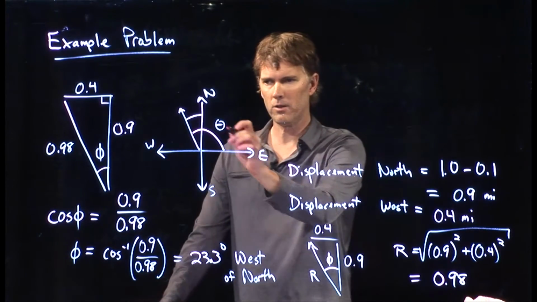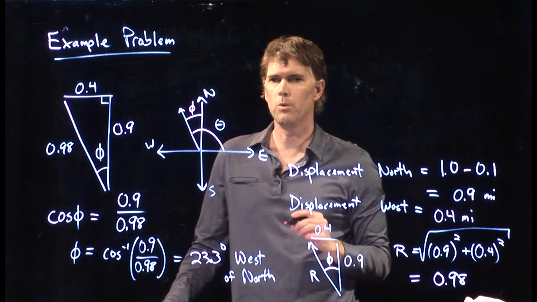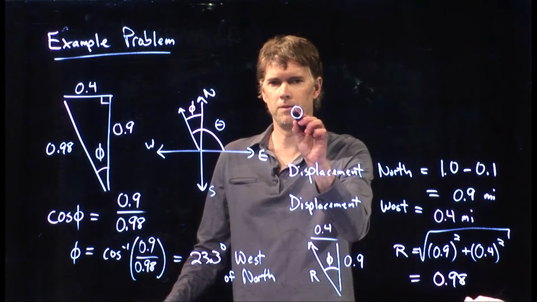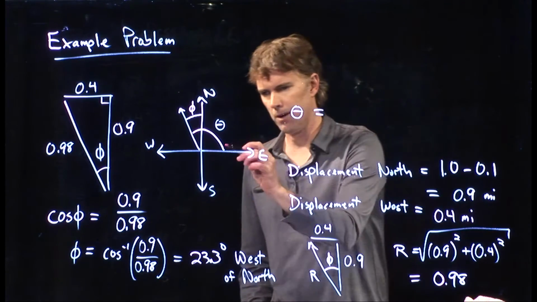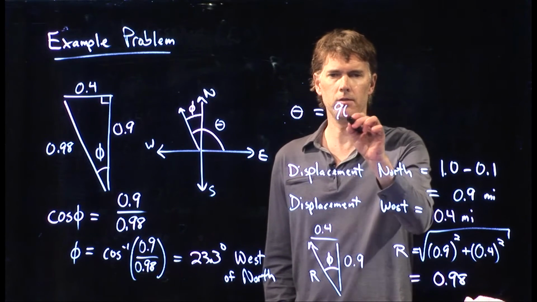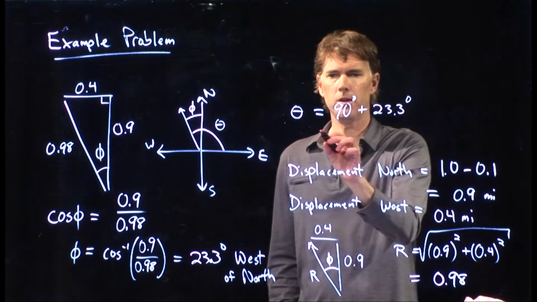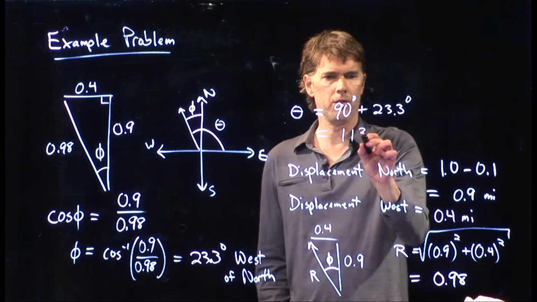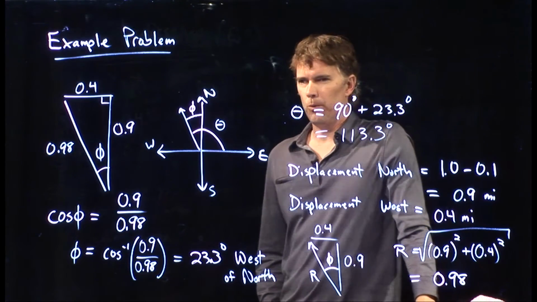If that whole angle is theta, and this is the little angle phi, what would theta be? Yeah, you just add 90 to it. We got to go 90 to get to there, and then we got to add 23.3 degrees. So it would be 90 plus 23.3 degrees, which is 113.3 degrees.